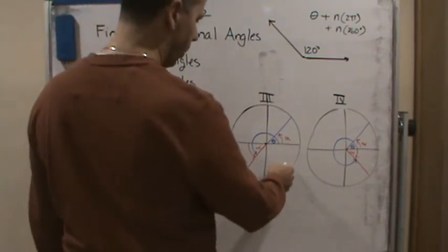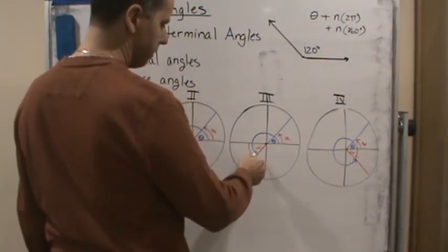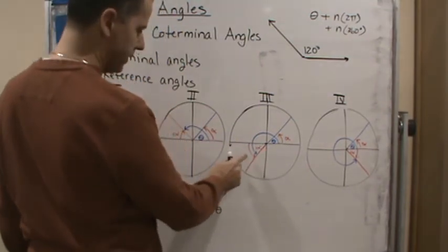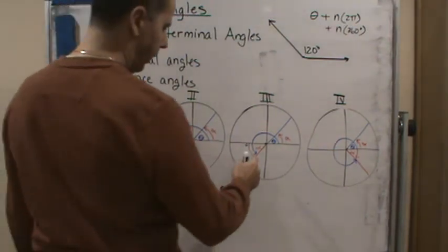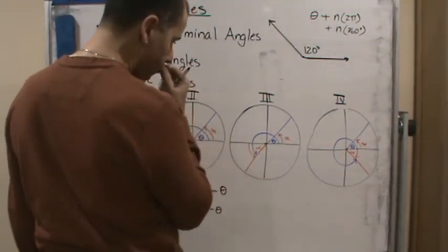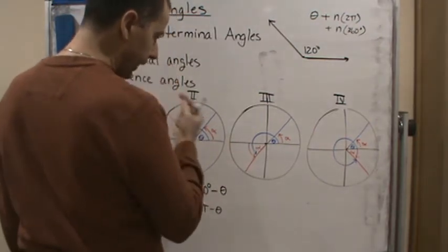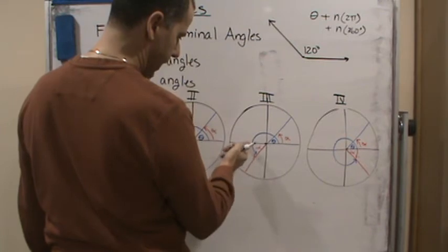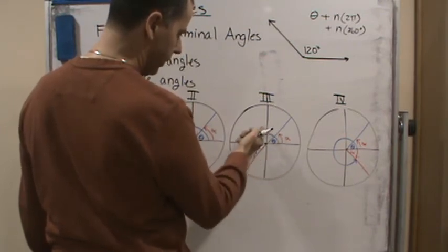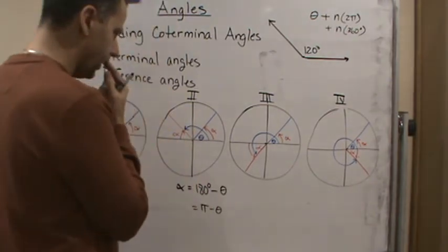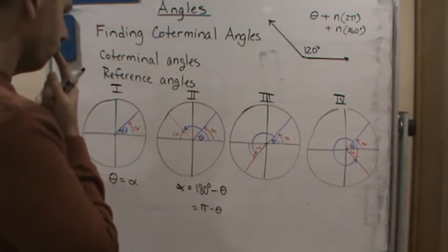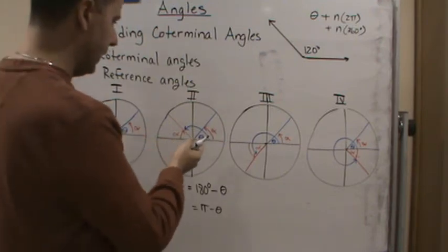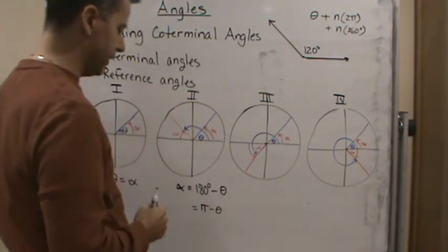Now, what about the third quadrant? What if I have theta here and my reference angle is this angle? So how do I get that angle? Well, I need to find this angle. In this case, since I'm past the 180 degree mark, it's going to be my theta minus 180 degrees.